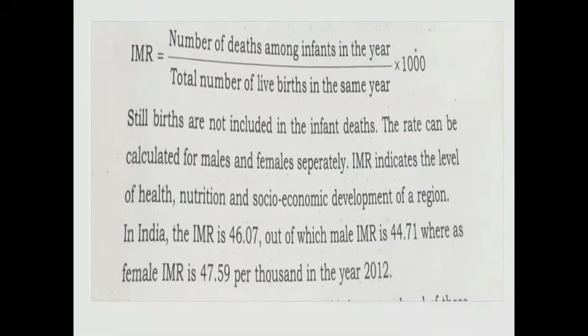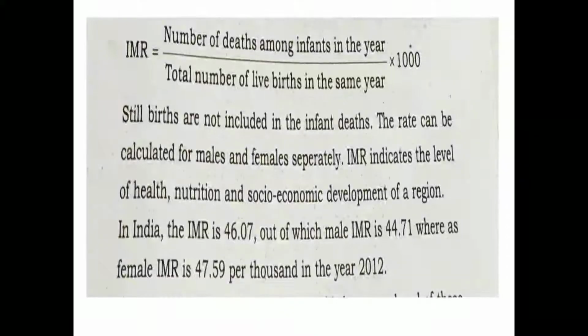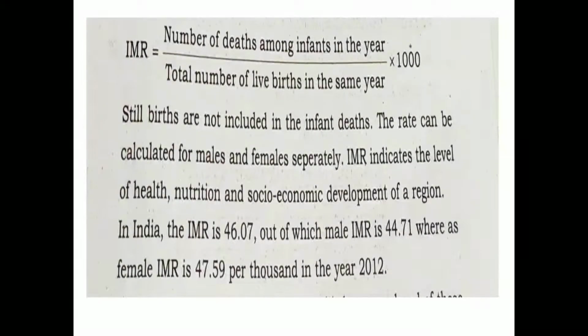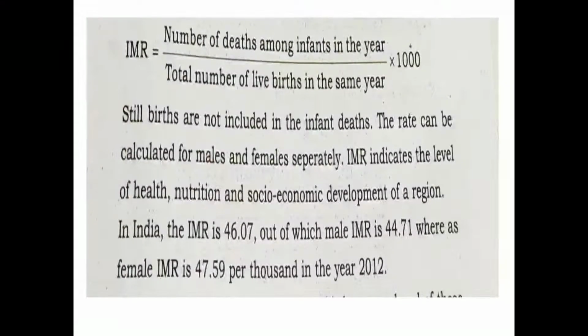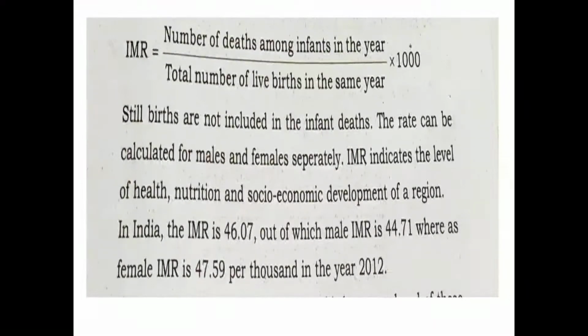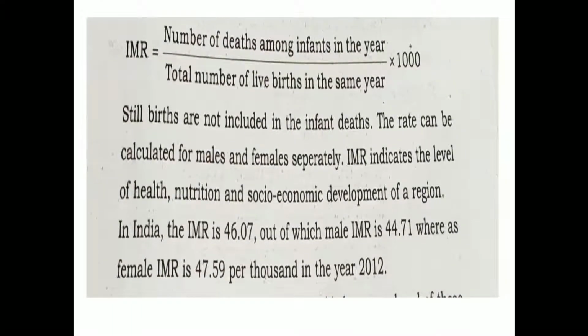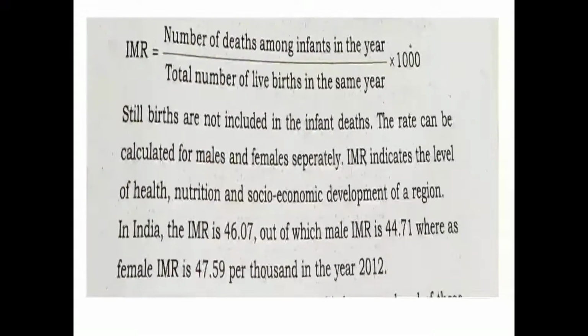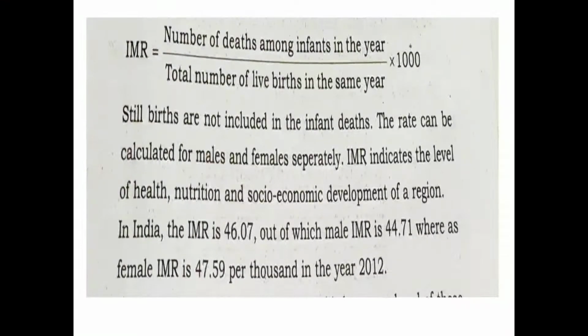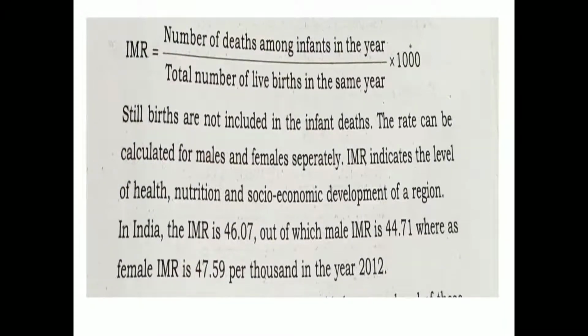Next we shall see how to calculate it. IMR is equal to number of deaths among infants in the year divided by total number of live births in the same year into 1000.